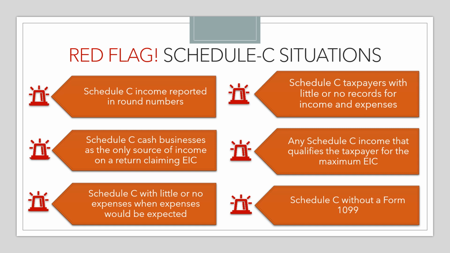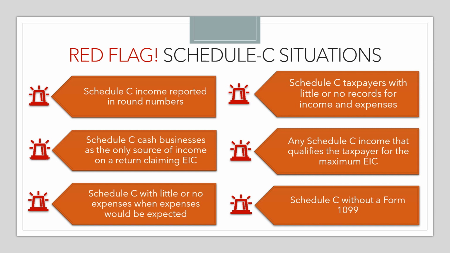Some of these red flag situations occur a lot more often when the return is also interacting with the earned income credit, because, as you might remember from the basic lessons, the earned income credit is a refundable credit. Somebody can get back more money than their tax liability had been in the first place. So it can be an area where there are more issues with tax fraud.